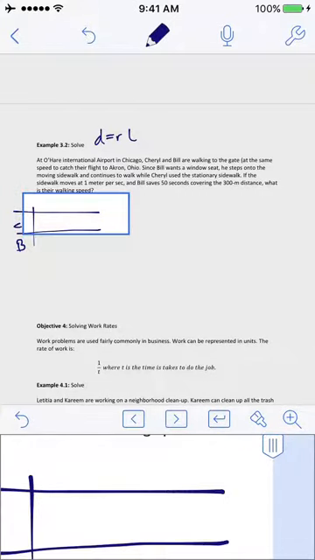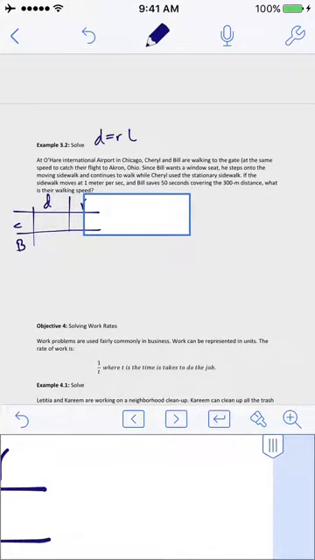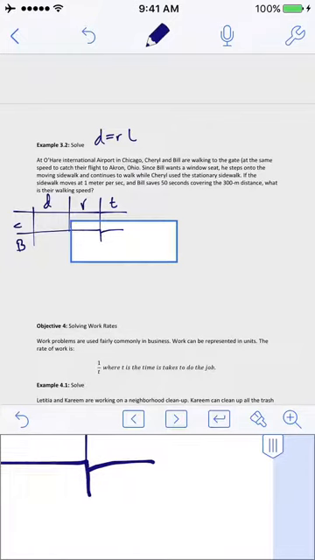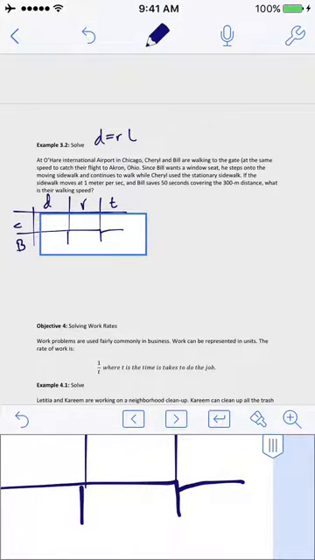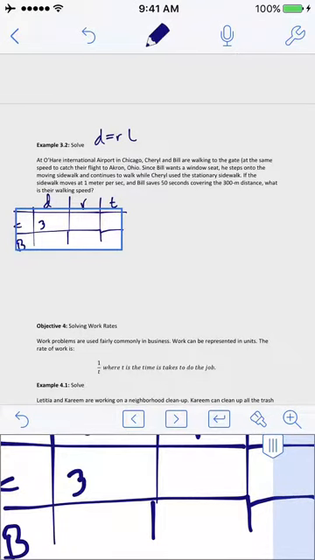Let's think about distance, rate, and time. It says that they walk the same 300-meter distance, so they will both be walking 300. Okay, cool. That was the easy part.